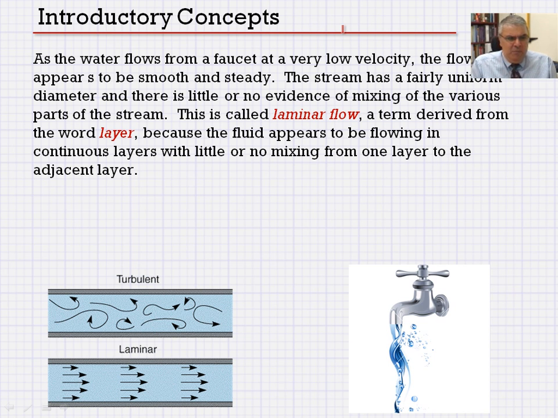As we are gradually turning this faucet on in a real slow fashion, there will be the flow of water out of the faucet in a quiet and very low velocity flow. In this case, the flow would be smooth and steady, and that flow is called laminar flow.